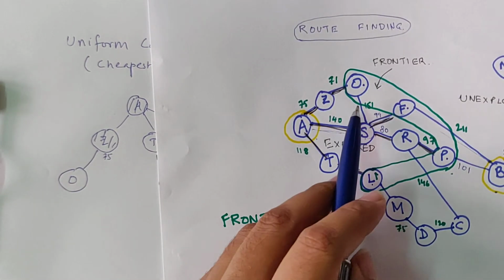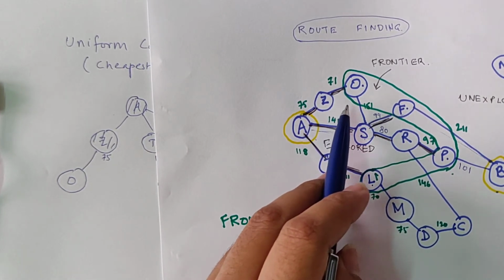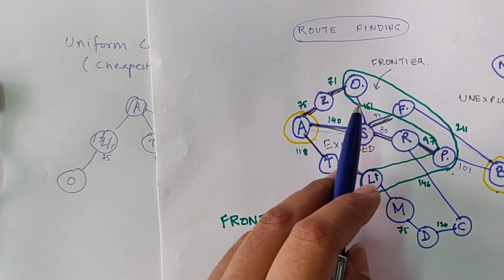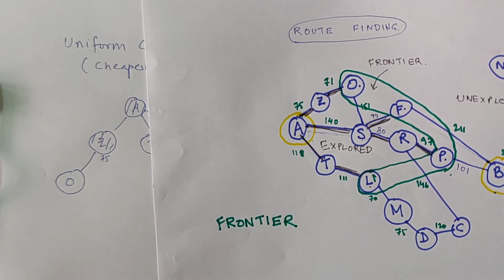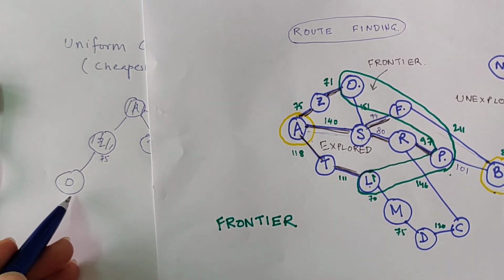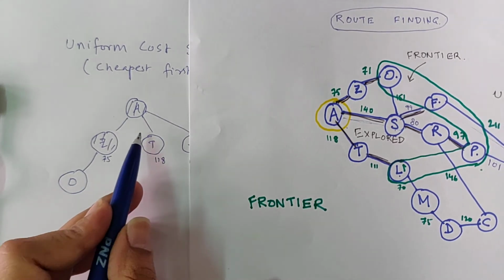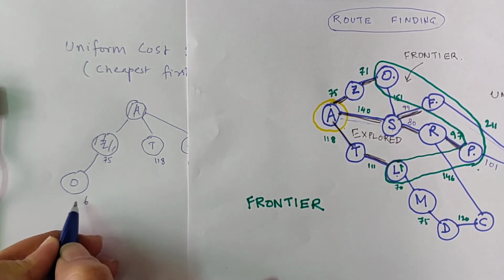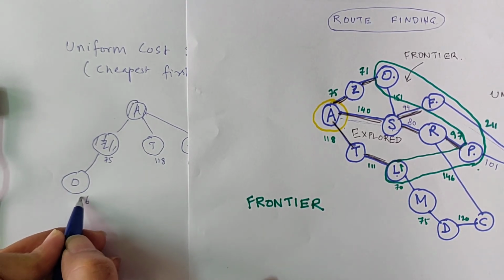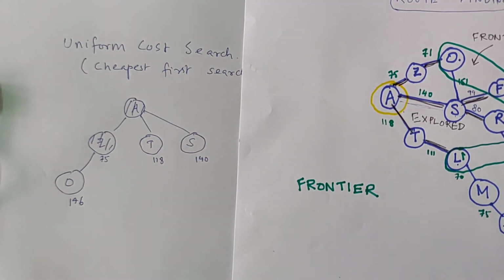The path cost for O here is not 71. 71 is the step cost from Z to O. As I said, you have to open the node with the minimum path cost from the start node. So the path cost of O from the start node A is 75 plus 71, which is 146. So in my frontier now I have three nodes O, T and S.